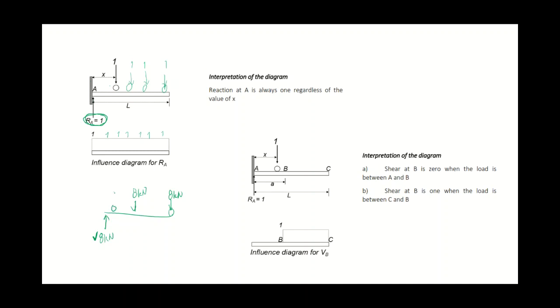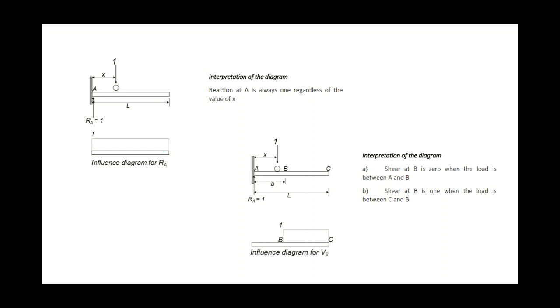Kahit saan mo ilagay yung vertical load dun sa cantilever beam, it will always be equal to the support because this is the only support that resists the vertical forces present or added to the beam. So, kapag cantilever beam, ganito yung drawing ng influence diagram.